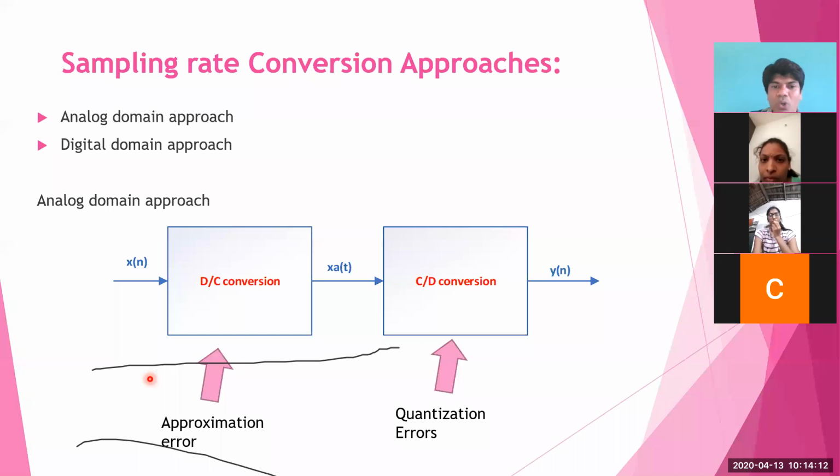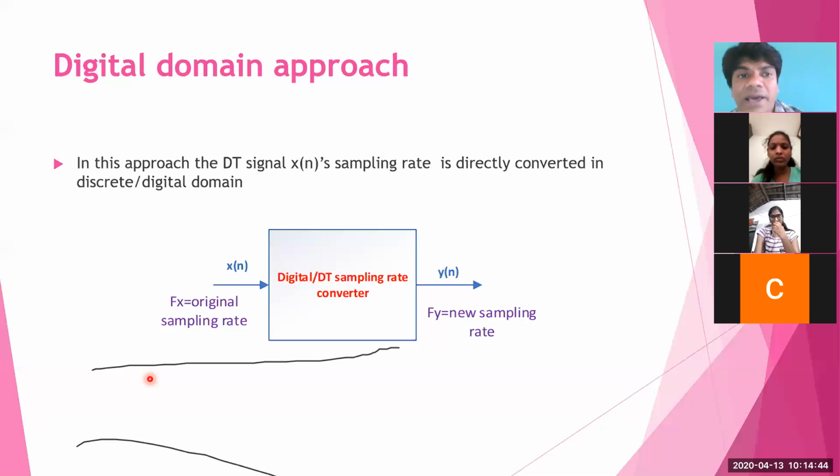So this process, though it looks really simple, is not generally recommended, because it will introduce various errors, and at the same time the complexity of the system will also increase. Just imagine a system which uses multiple sampling rate conversions. There you have to use multiple A to D converters and D to A converters, which is not really a feasible option. So instead, we are going for a digital domain approach.